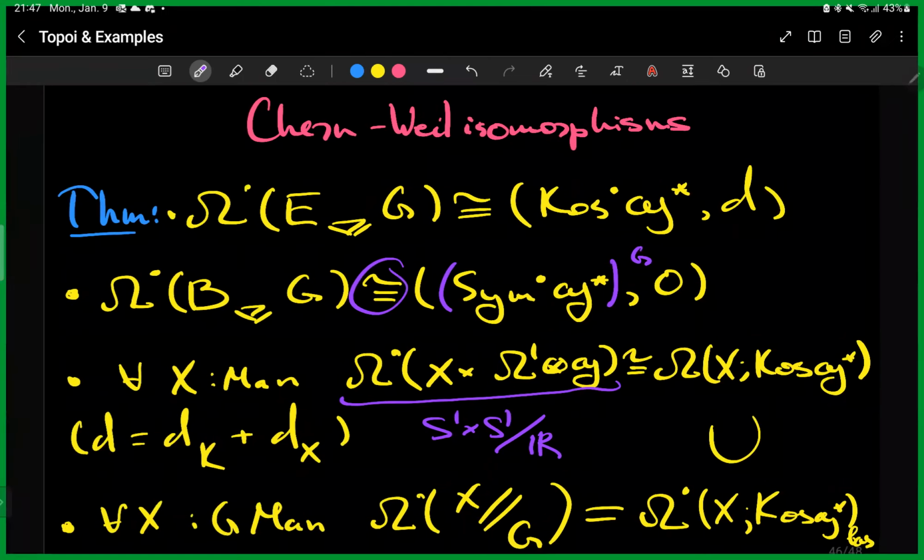What are the restrictions on this action of G on X? None. There are no restrictions. It just should be smooth. That's the greatness of this approach. So you don't have to think about properness, closedness of orbits, nothing like that.